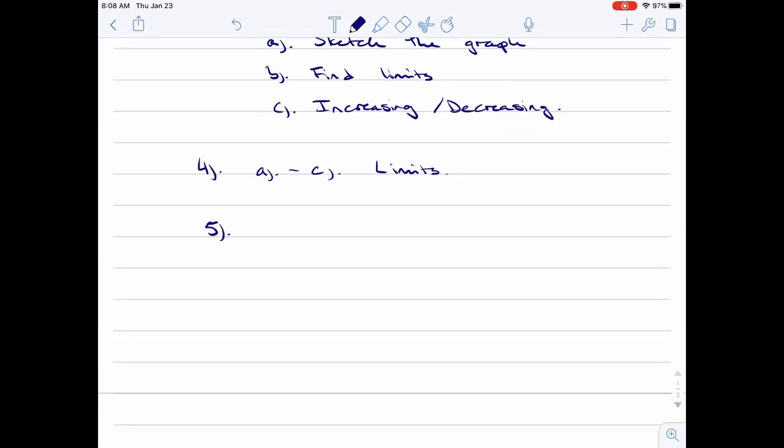Question 5 is the only one that we haven't covered quite yet, but we'll almost start with today, is on the squeeze theorem, which is pretty fun.